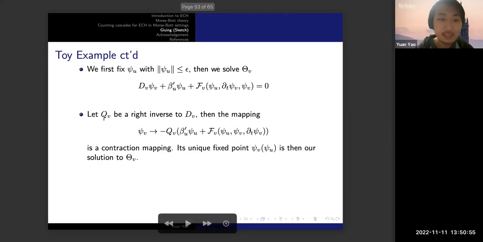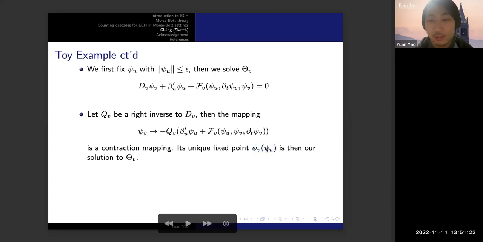Okay. And because it's a trivial cylinder, there's a right inverse Qv to Dv. Then solving this equation is equivalent to finding a fixed point of this map. And because psi of u is fixed, and this term, the F of v, is kind of quadratic, the map I've written down is a contraction mapping. So by the contraction mapping principle, it has a unique fixed point.